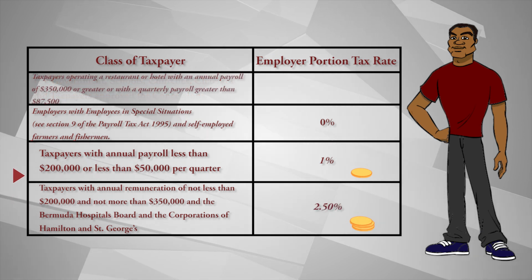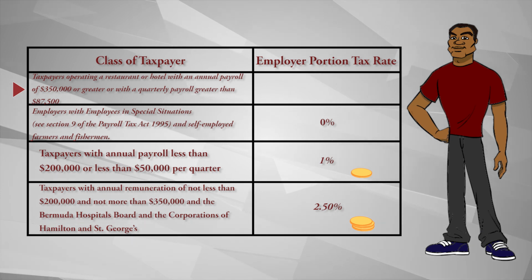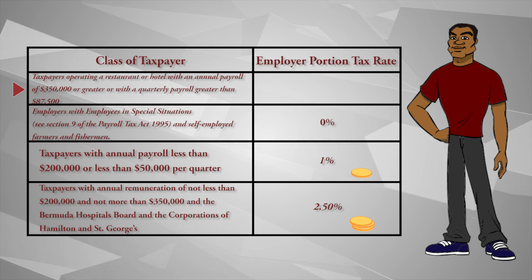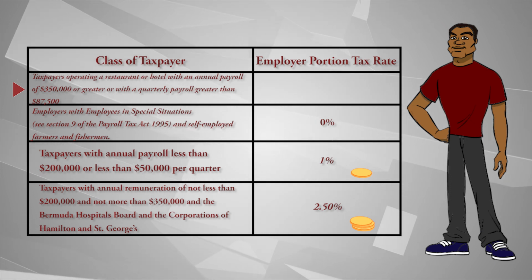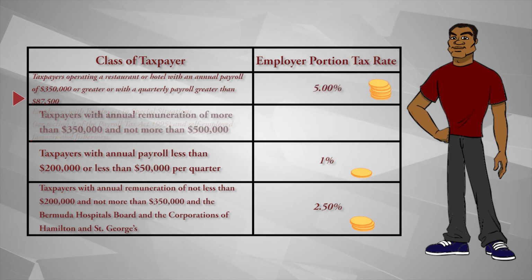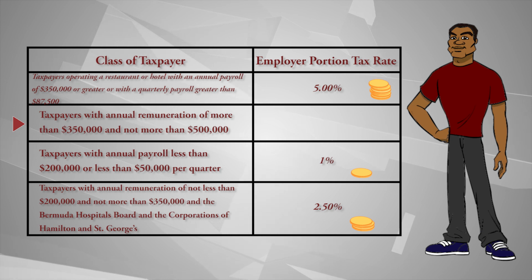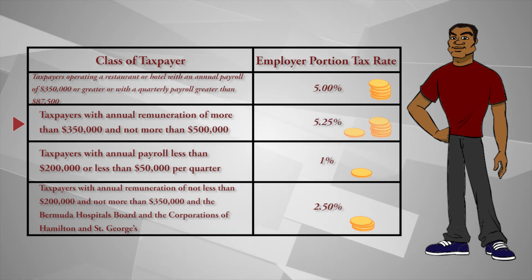2.5%. Taxpayers operating a restaurant or hotel with an annual payroll of $350,000 or greater, or with a quarterly payroll greater than $87,500: 5%. Taxpayers with annual remuneration of more than $350,000 and not more than $500,000: 5.25%.